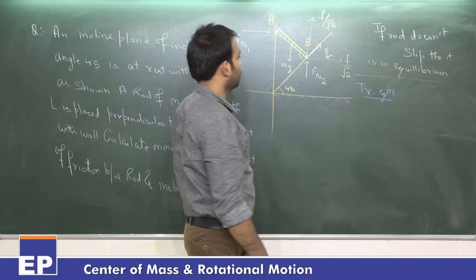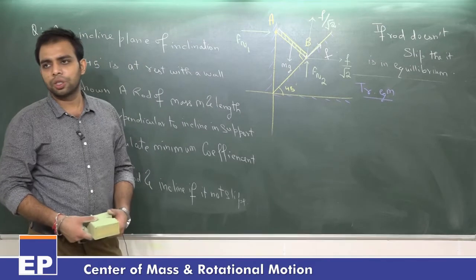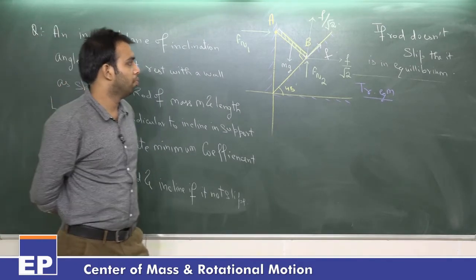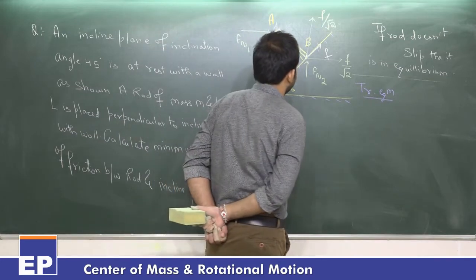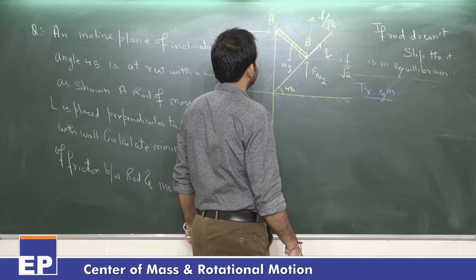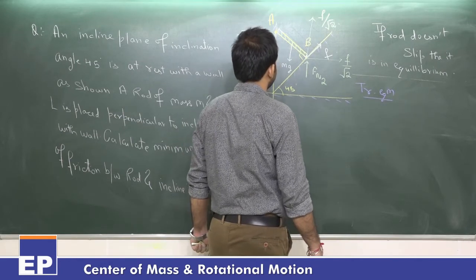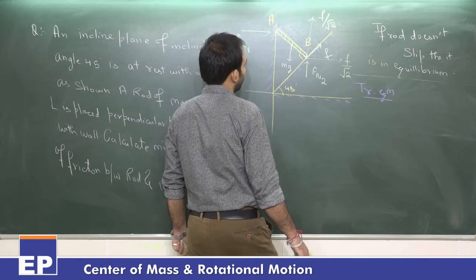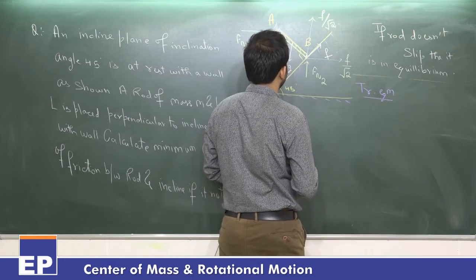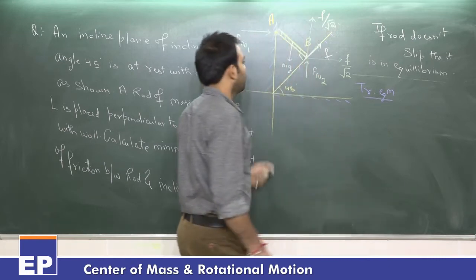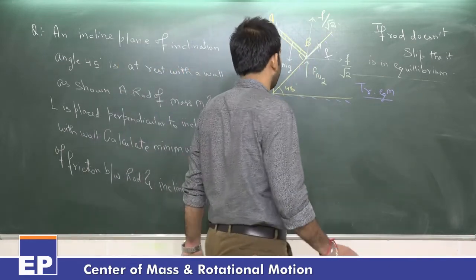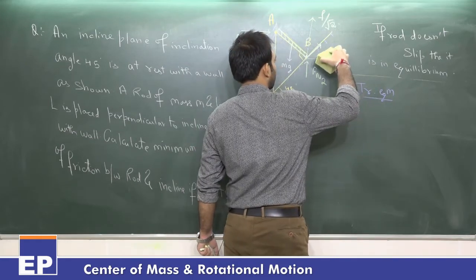If this is acting in this direction and it is in this direction, so it has a tendency, if it is in translational equilibrium, तो it means it will slide in the downward direction. तभी इसको वो कर सकता है, बैलेंस कर सकता है फ्रिक्शन. तो it means the friction will act in the opposite direction here. क्योंकि अगर हम देखें तो Fn1 और F by root 2 का जो कंपोनेंट्स आ रहे हैं वो सेम डायरेक्शन में आ रहे हैं, but if we want to balance it, so the friction will act in the downward direction.